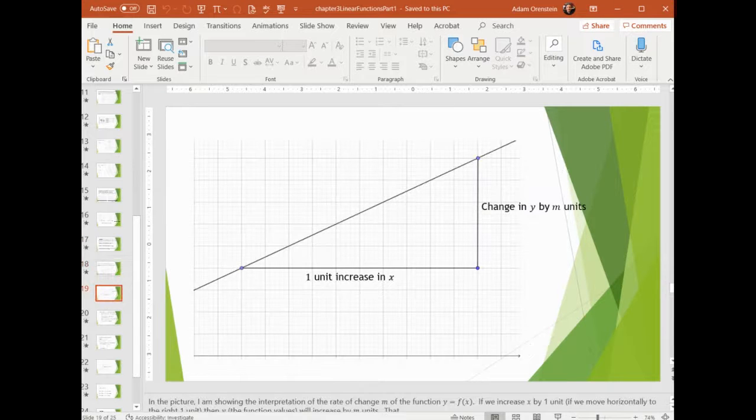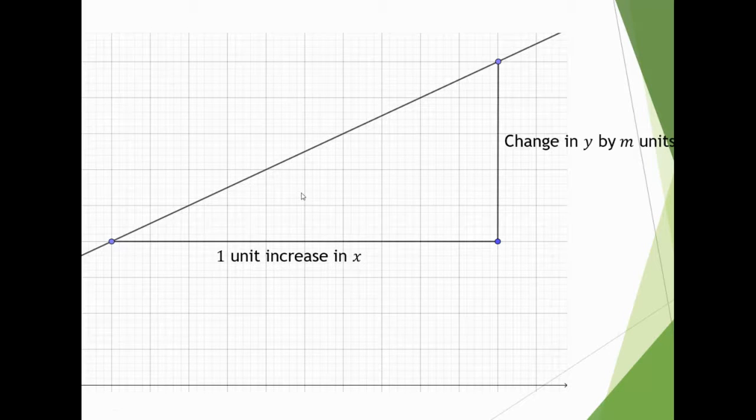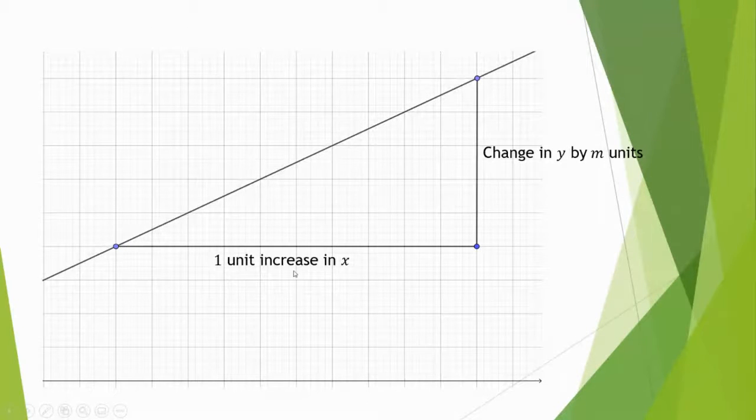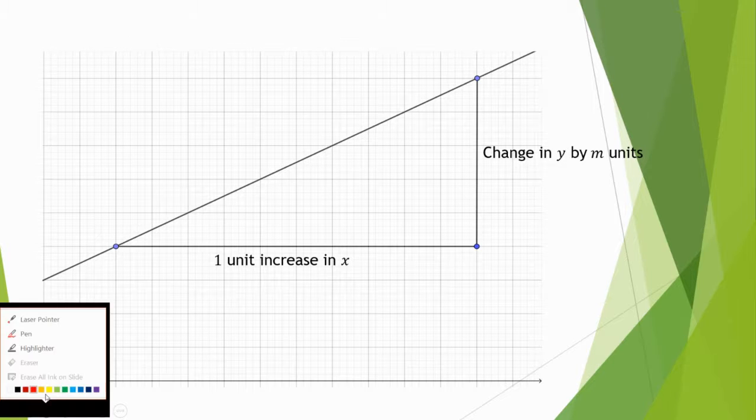So the idea here is really what I'm trying to show you. If you were to increase a linear function, or a straight line, if you were to increase x by 1 unit, whatever that unit is, it depends what x is, your y value will change by m units.